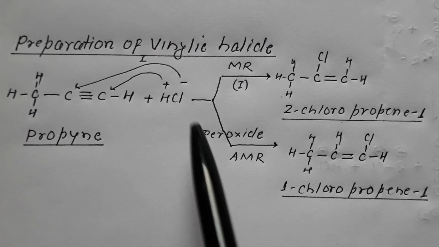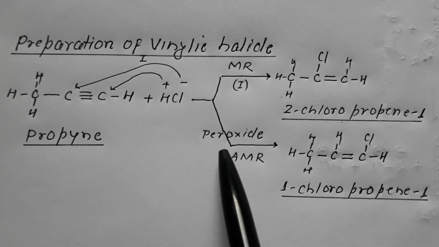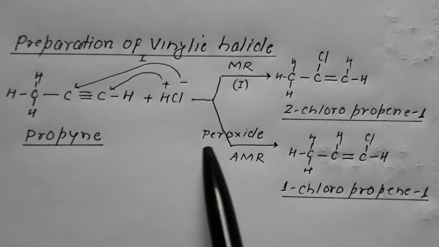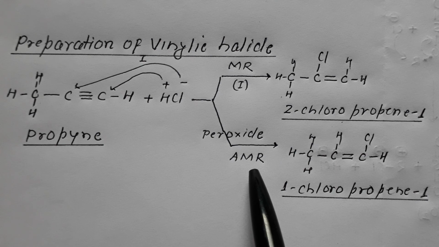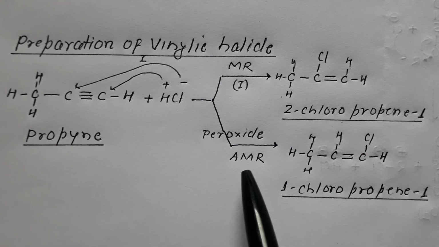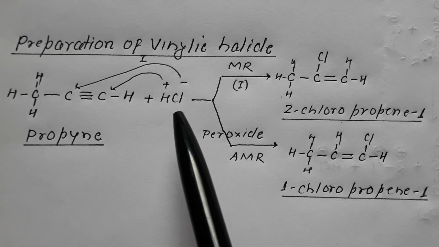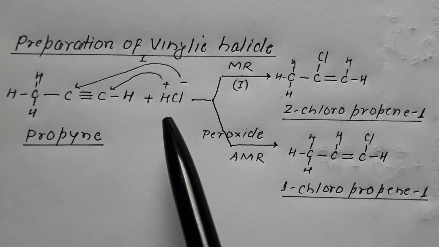Now if the same reaction is carried out using any organic peroxide, especially benzoyl peroxide, then this reaction will proceed as per the anti-Markovnikov rule. That is, the negative part will add to the carbon which contains more hydrogen.